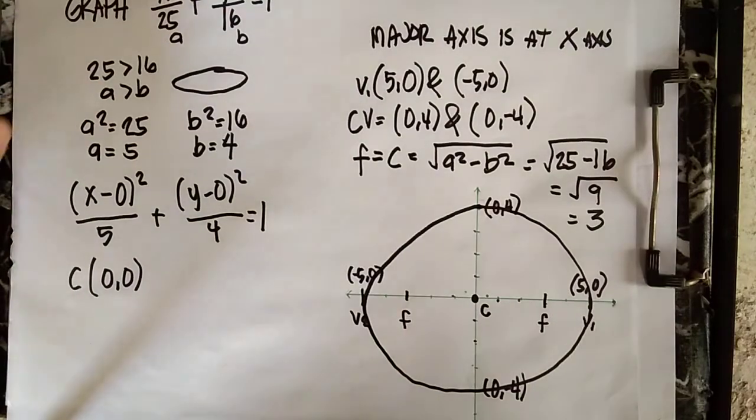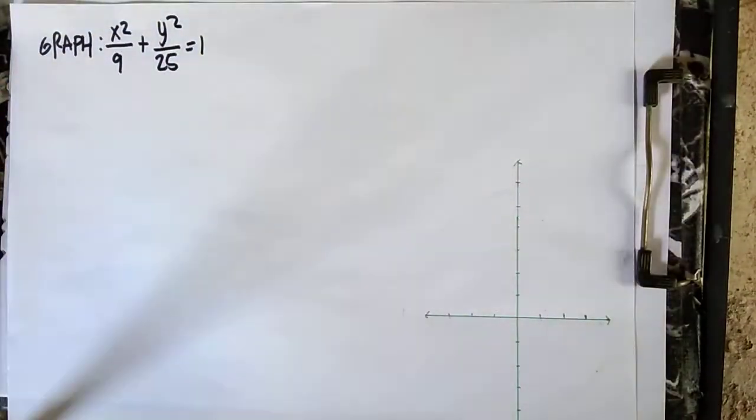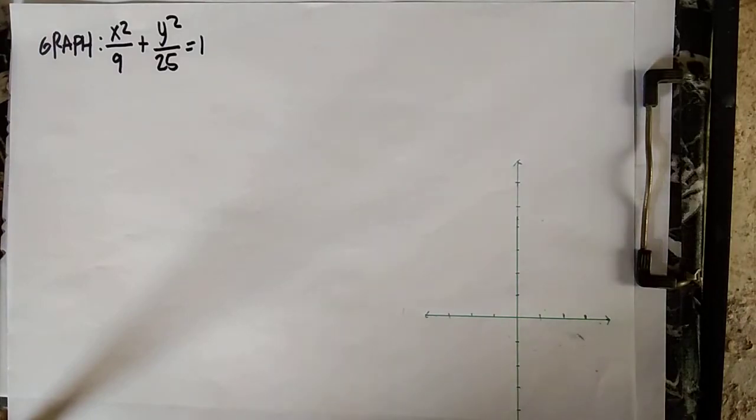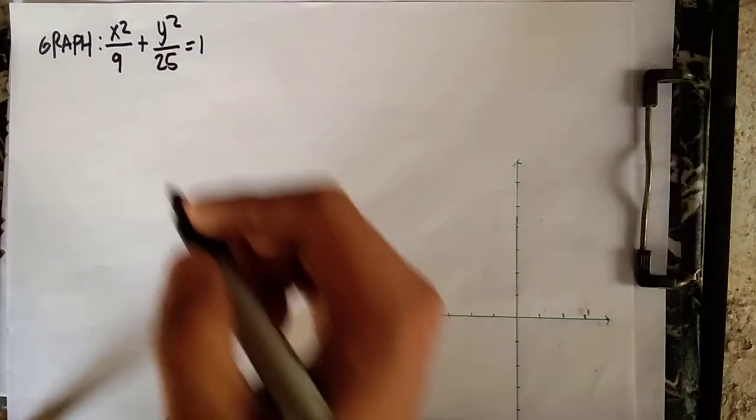Let's have another example. Let's graph x squared over 9 plus y squared over 25 is equal to 1. So first, let's determine kung ano nga bang kind of graph niya. Isa ba siyang vertical ellipse or horizontal ellipse?